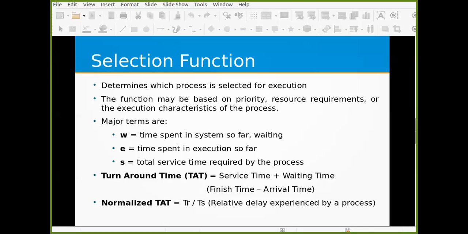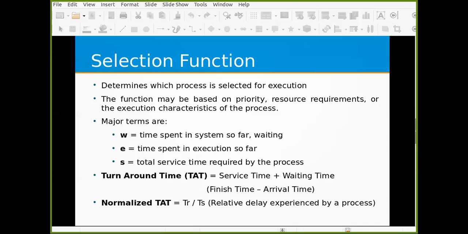S is the total service time required by the process. So as and when we come across this example, we'll be discussing this. Turnaround time, that is service time plus waiting time, or you can directly consider this finish time minus arrival time. Both ways it is possible depending on the type of example that you have. That is turnaround time.